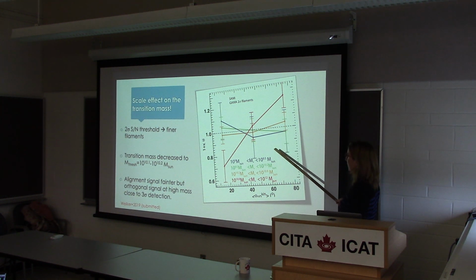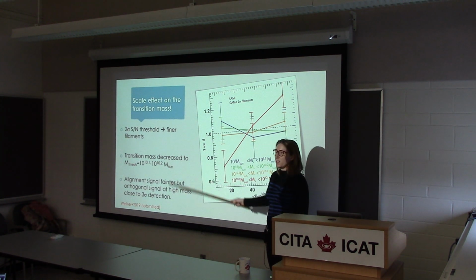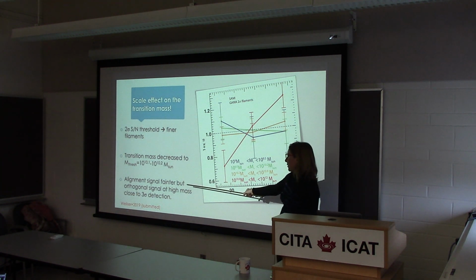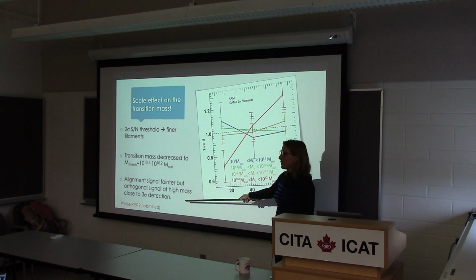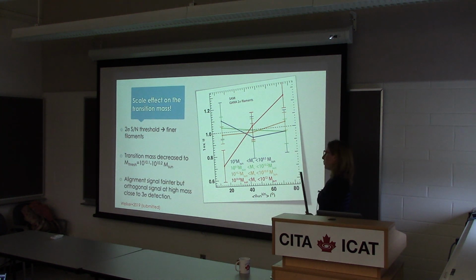And what I find is that when I do that, the transition mass actually decreases to 10 to the 10.1, 10 to the 10.2 solar masses. And the alignment signal gets fainter, but the orthogonal signal at high mass then gets close to 3 sigma. So basically what happens is that when you go to finer filaments, the transition mass is lower, so you increase a lot your high mass sample.